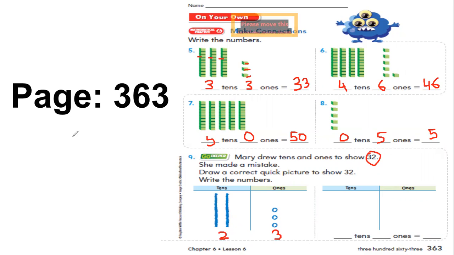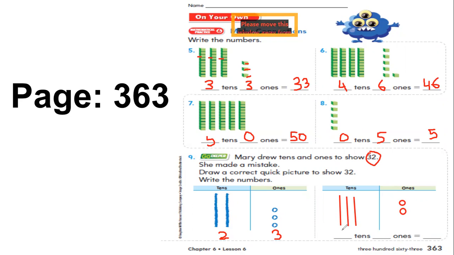So we are going to correct it and we are going to do it as 32. So we are going to make 3 lines. 1, 2, 3. Because it's 32. So 3 tens and 2 ones. And then in the ones place, draw 2 circles. Now it's the correct one. That is 32.